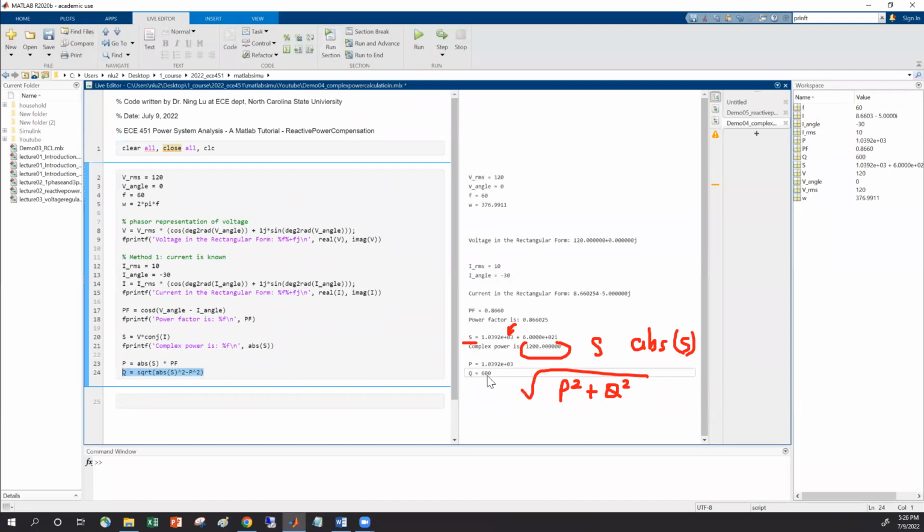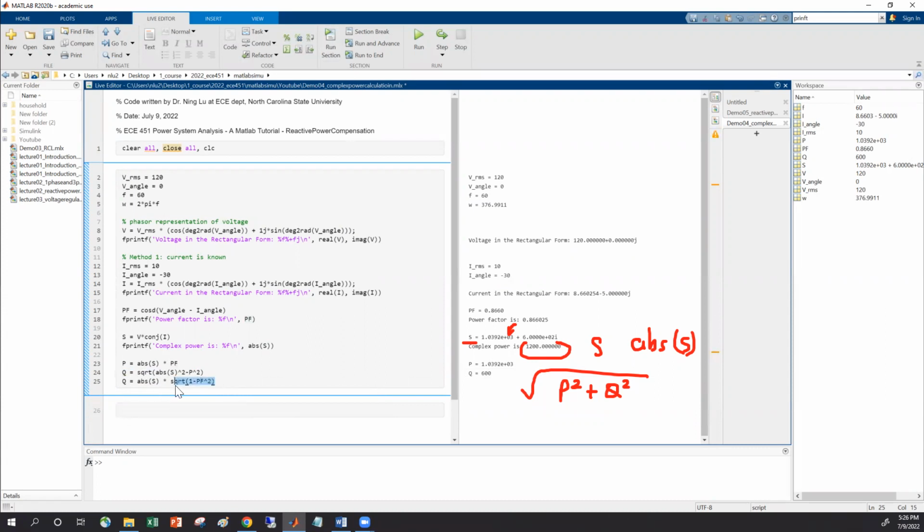Let me run that. You can see the reactive power magnitude is equal to that. The other way of computing reactive power is ABS S times SQRT of 1 minus power factor square.